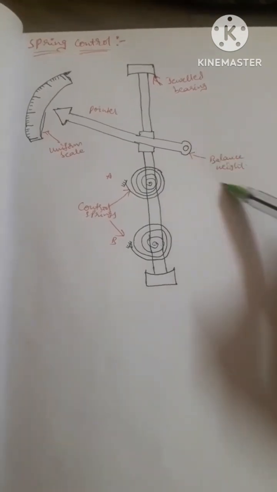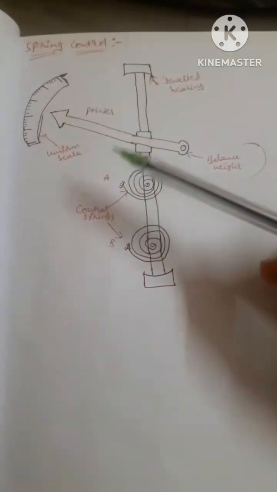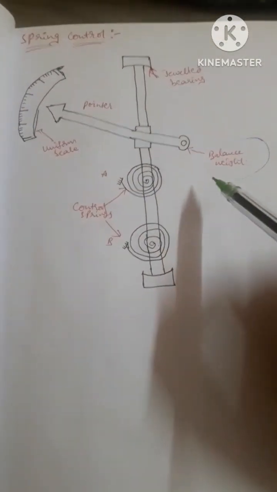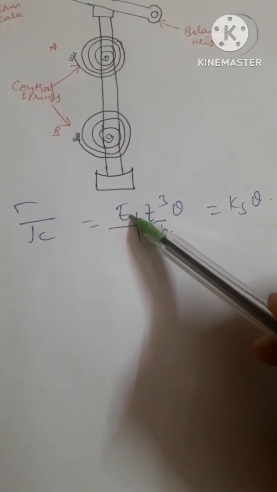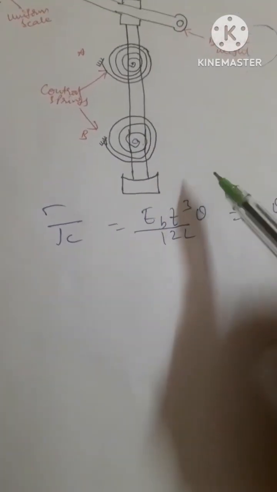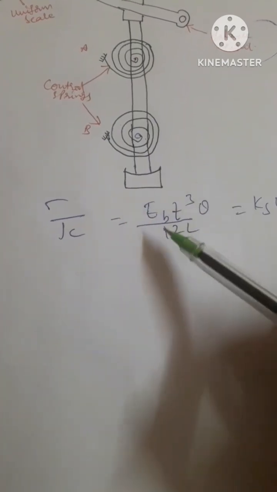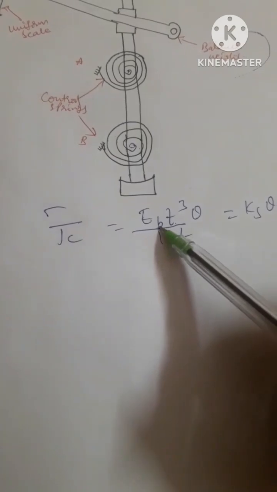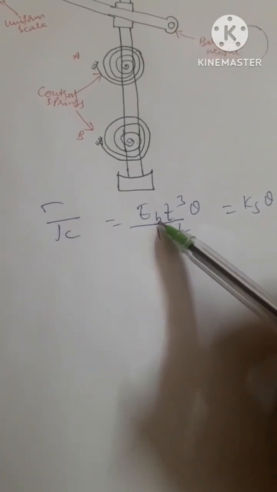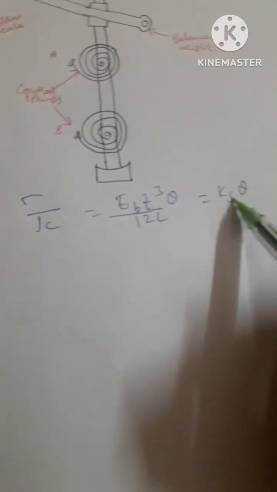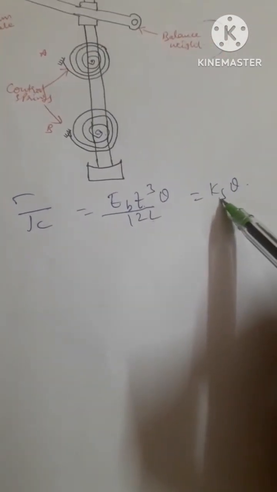This balance weight we see in the gravity control also. Here E is the Young's modulus of the spring material in Newton per meter square, T is the thickness in meters, B is the depth in meters, L is the length in meters, and Ks is the spring constant.